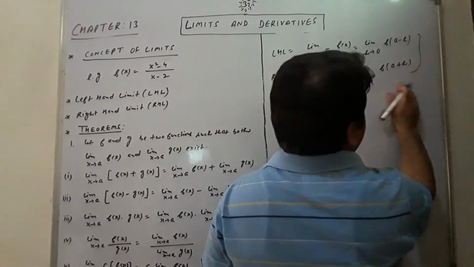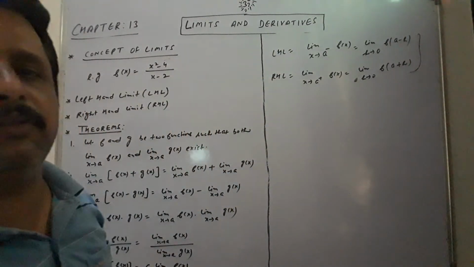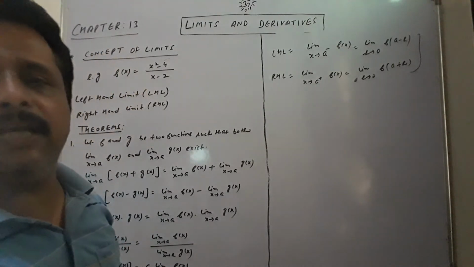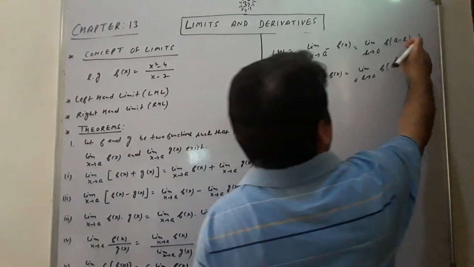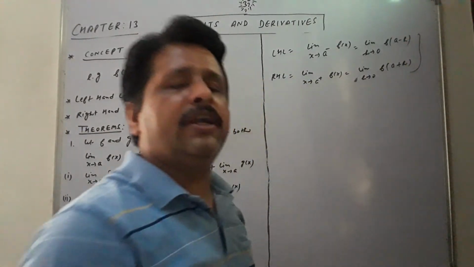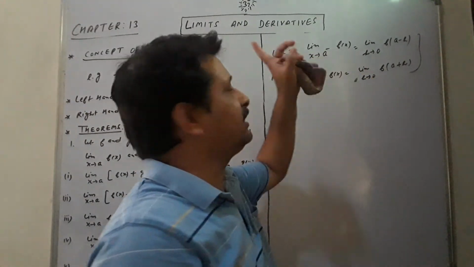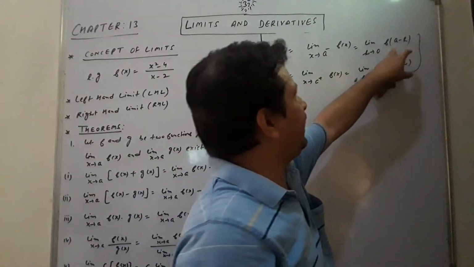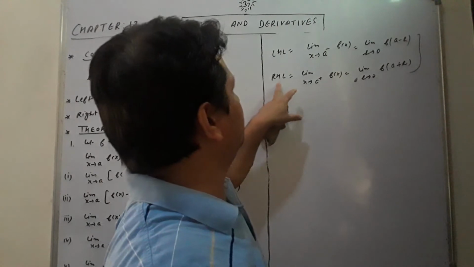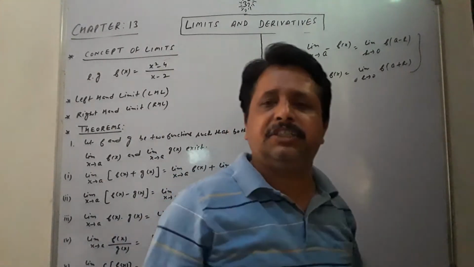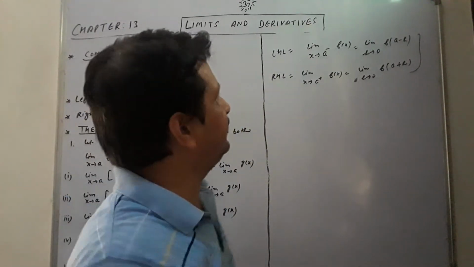Now students, in detail I will tell you while I do this type of problem. I will solve the exercise problems, because h is actually a very small quantity. While we are using the left hand limit, we subtract it from the function. While we are using the right hand limit, we add h there. This small quantity will be added in that case.